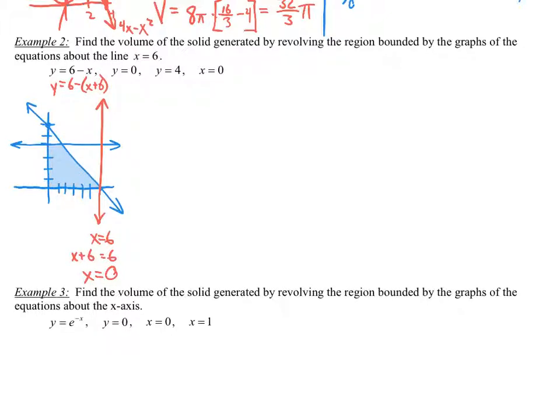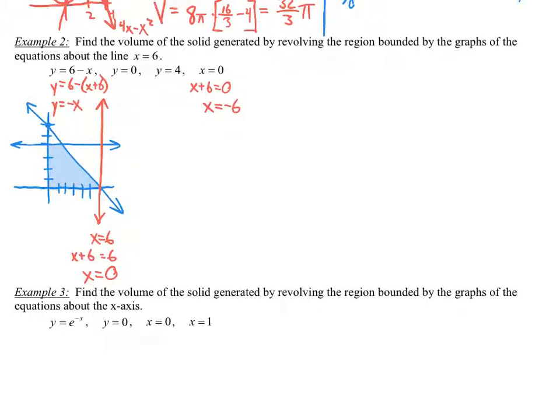Over here, I have x plus 6 equals 0, and you'll notice now I'm dealing with x equals negative 6. And over here I have the line y equals negative x plus 0.